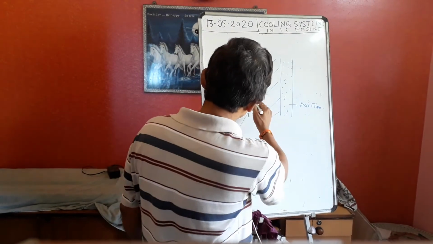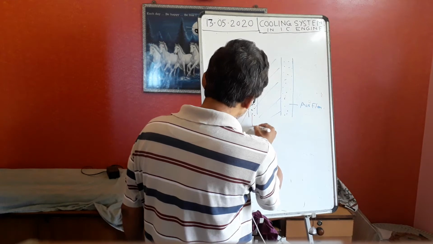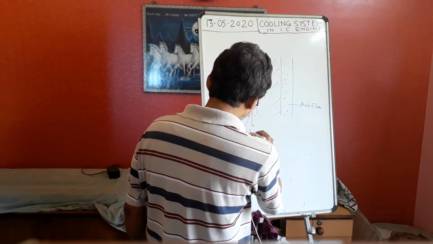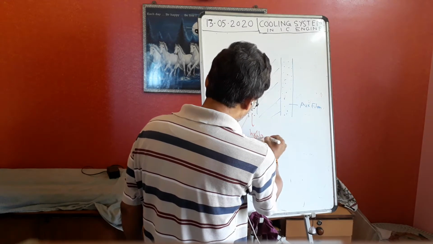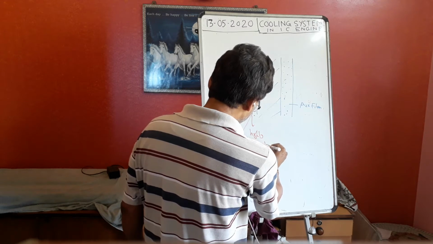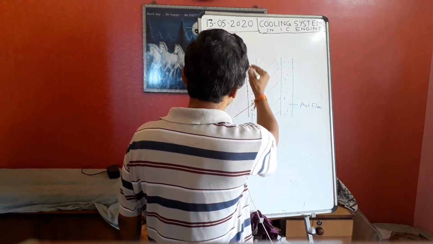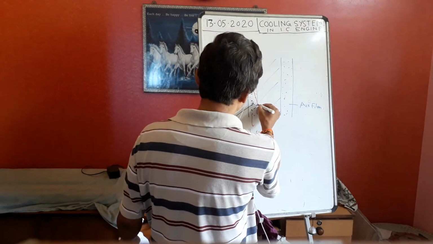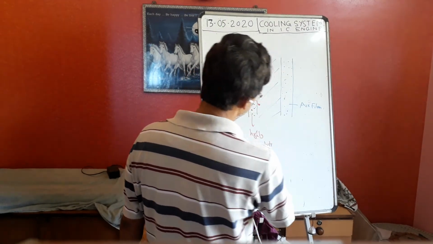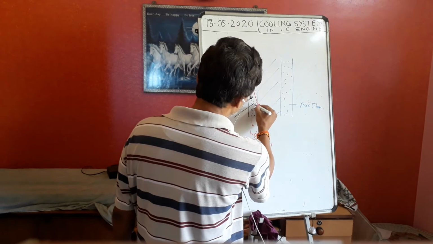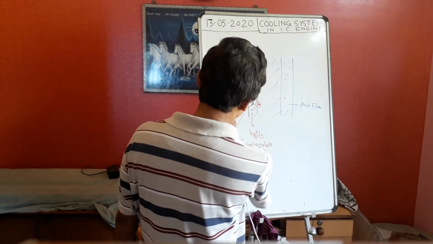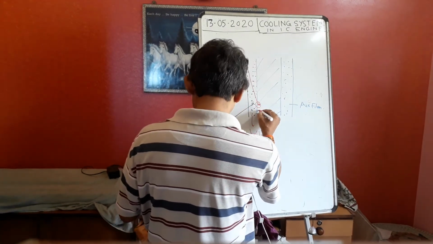Now this gas flame is highly insulating, so the temperature will suddenly drop from 2800 to the cylinder inner wall. This is called the cylinder wall.